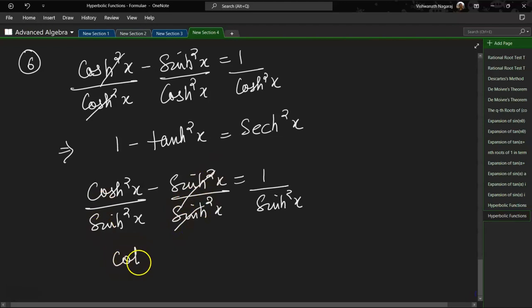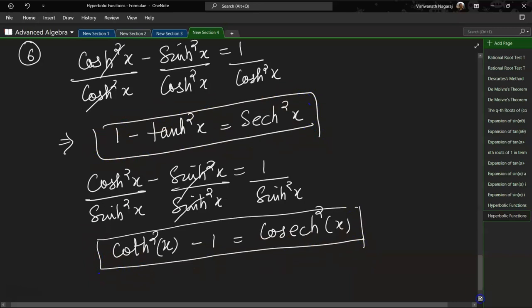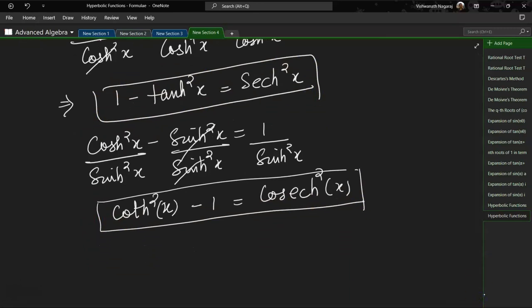This is going to be cot h square x minus 1 is equal to cosec h of x square. So we have one formula, another formula. Like this you can literally play around with this.